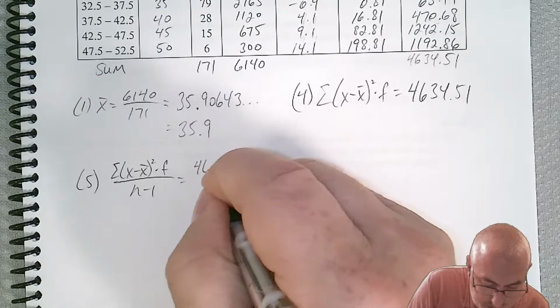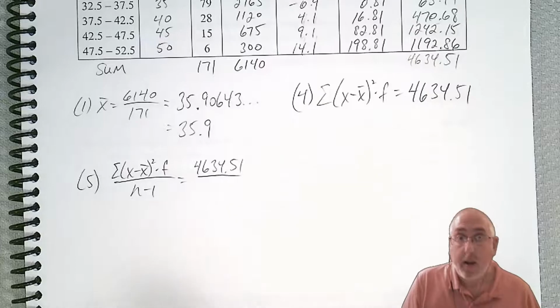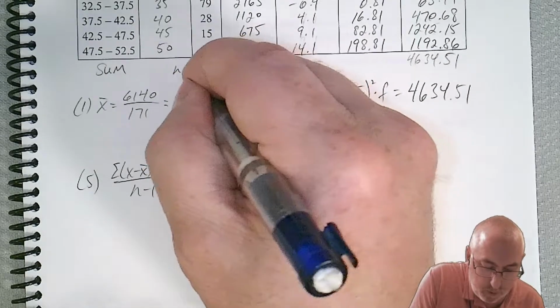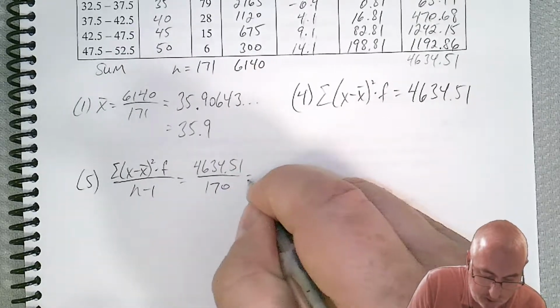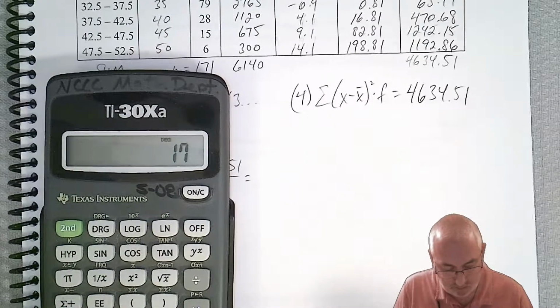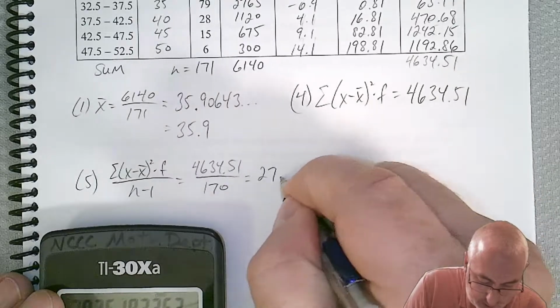So 4634.51 divided by, be careful, make sure you have that n. N is 171, so we're going to divide by 170. So keep it in there. Divide by 170, 27.26.